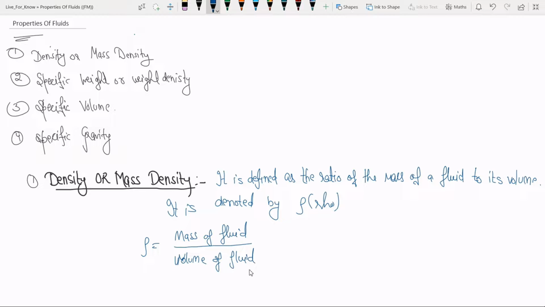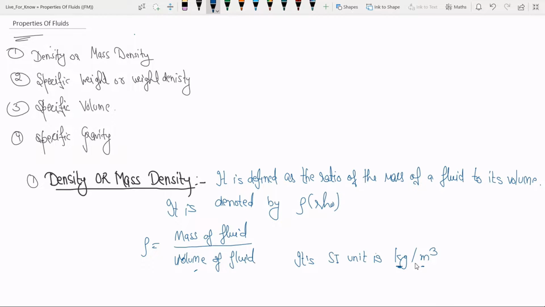Its SI unit is kilogram per meter cube, because mass is calculated in kilogram and volume is in meter cube.